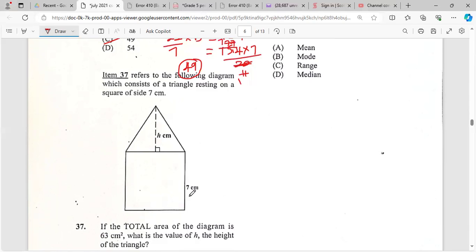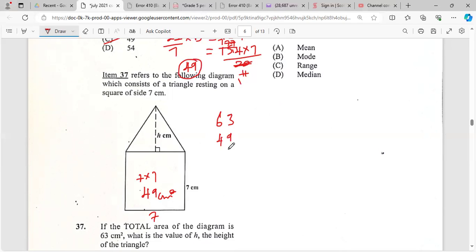So what we know now, since this is a square, we can figure out the area for the square, which is 7 times 7. So 7 times 7, that's 49. So, if we subtract 49 from 63, we can know the area of this triangle.